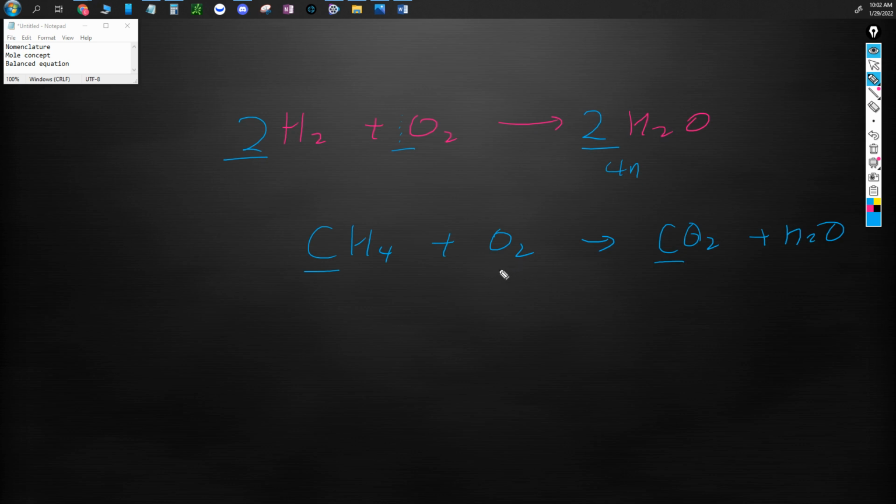We count the hydrogen, 4 here, we have 2 here. So we have no choice but to put 2 in front, which made it 4 hydrogen. That created 2 oxygen here and 2 oxygen here, right? We have 2 only here, total 4 oxygen. Therefore, we gotta put 2 here. That made it 4.